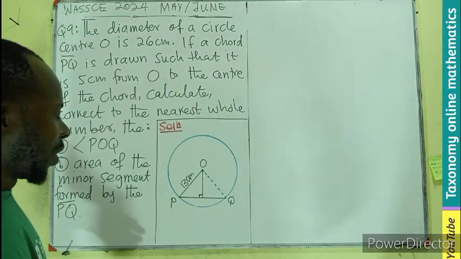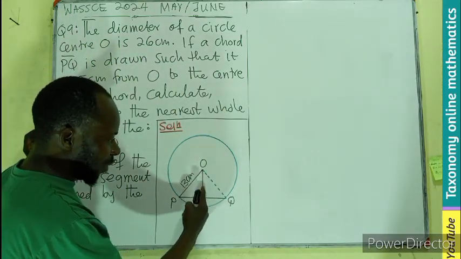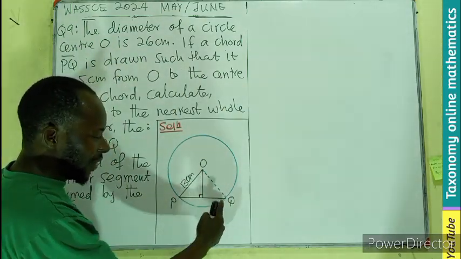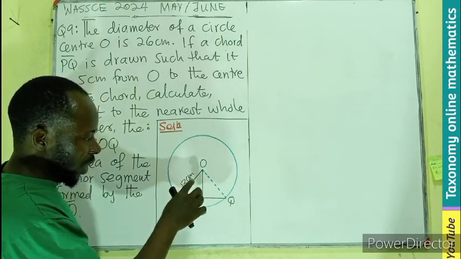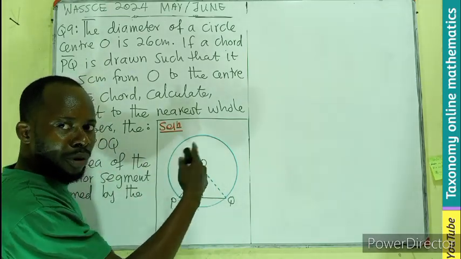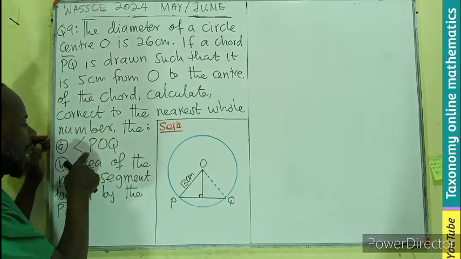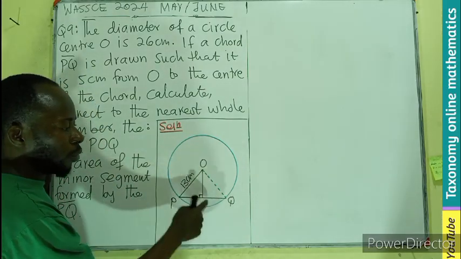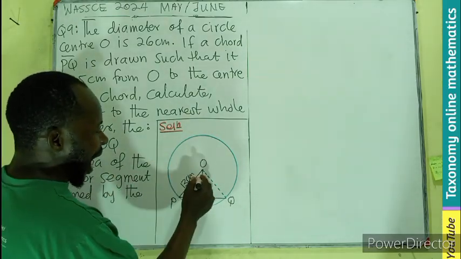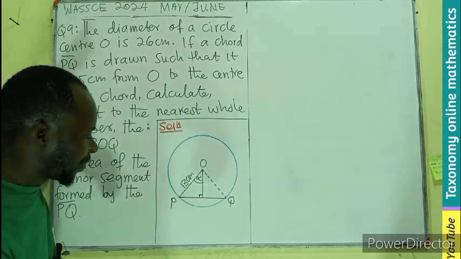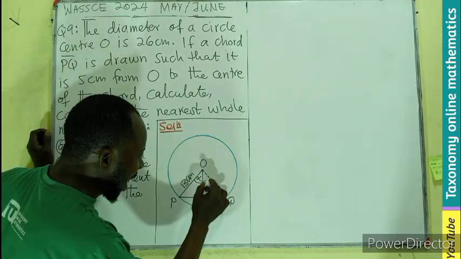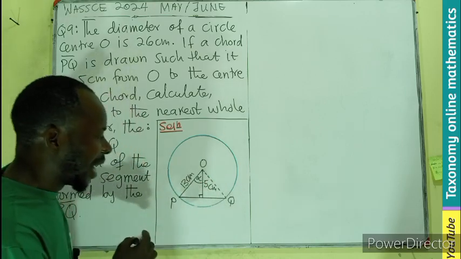If this line is perpendicular, dividing this into 2, it divides the angle at the center also into 2. So if I know one of the angles, multiplied by 2 will give me angle POQ. So I'll focus on the angle here as alpha. I also know this side as 5 centimeters.